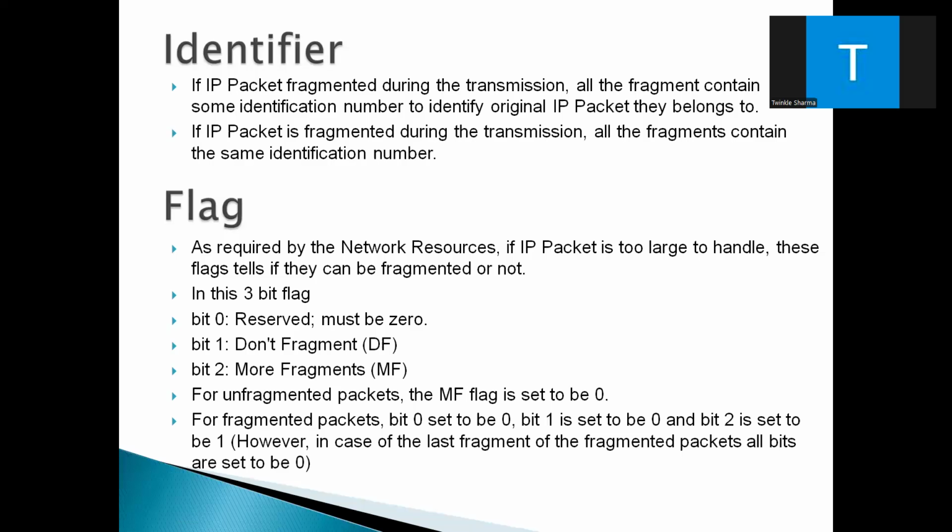For unfragmented packets, the MF flag is set to 0. For fragmented packets, bit 0 is set to 0, bit 1 is set to 0, and bit 2 is set to 1.